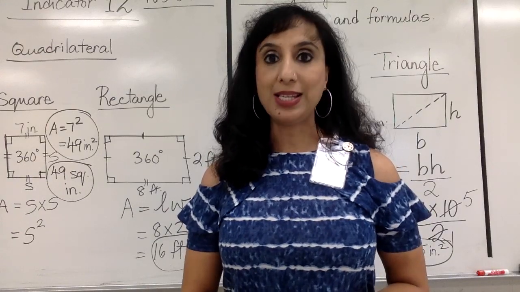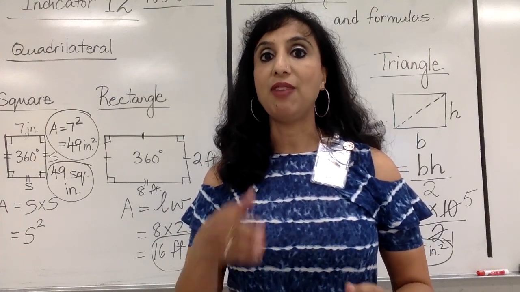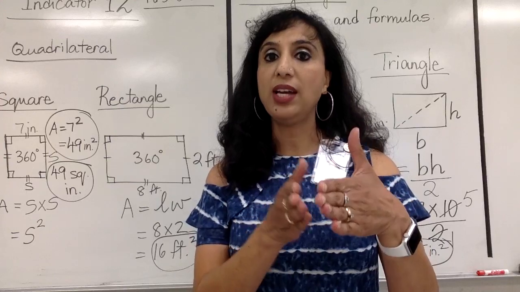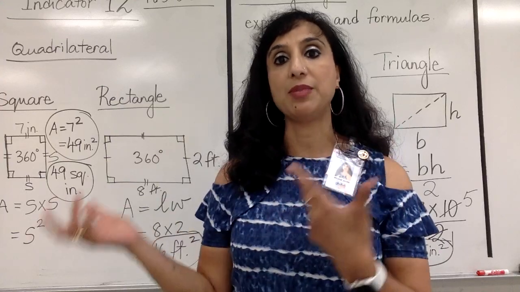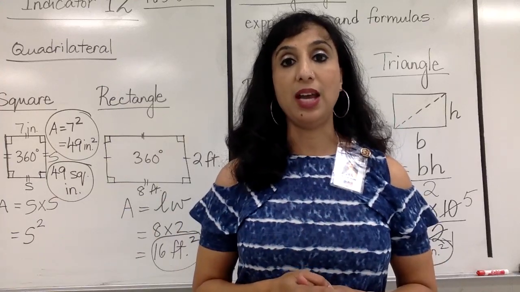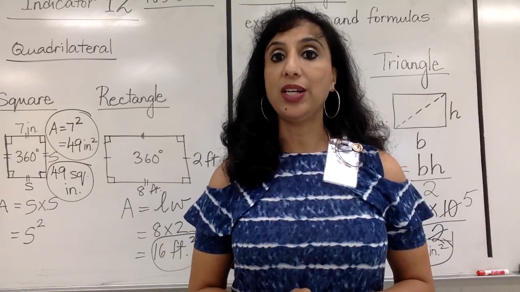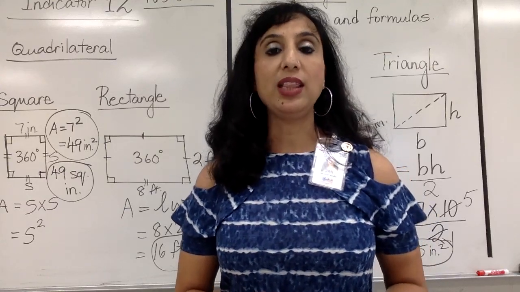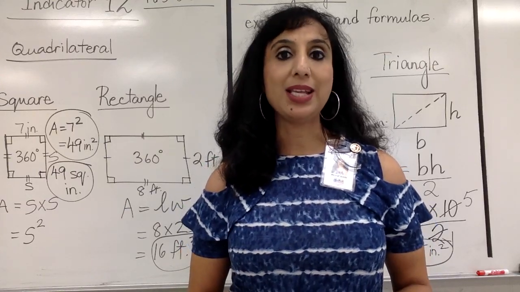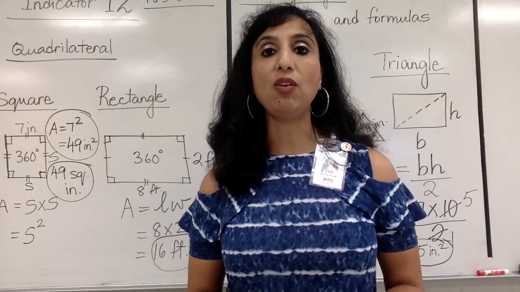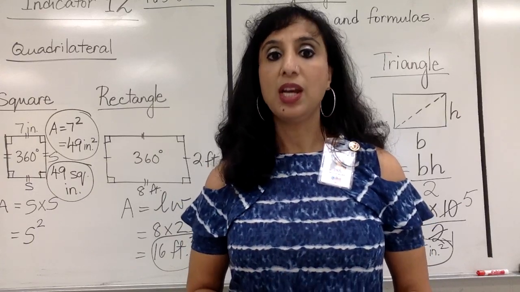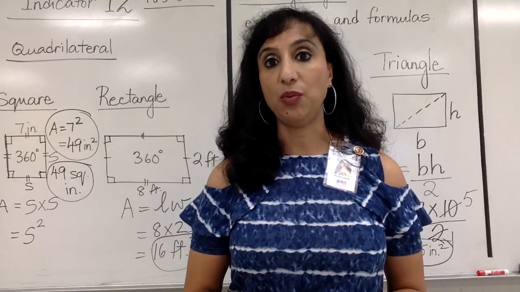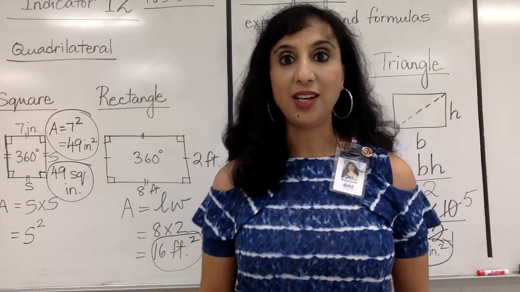And so that is why you have base times height divided by 2. Or each triangle is half of the base times height. So that becomes the area of a triangle. And all you're doing then, you'll be given a length, you'll be given a width, or you'll be given the base, height, and you have to substitute the values and solve it that way into the formula.